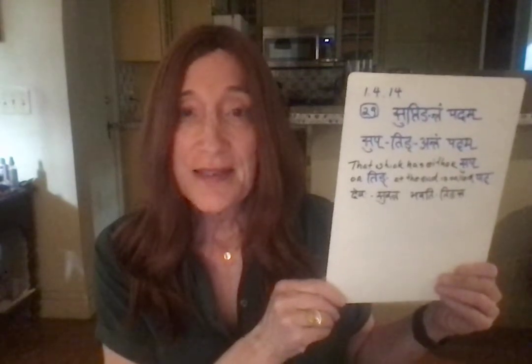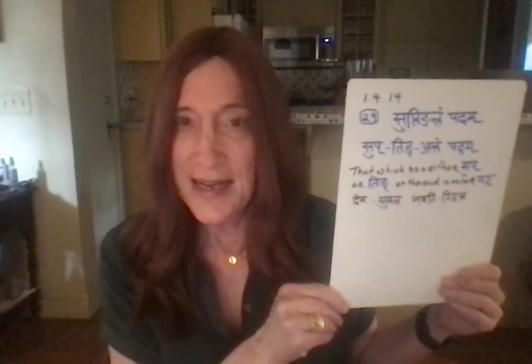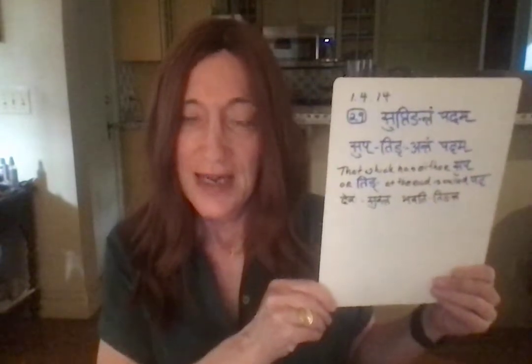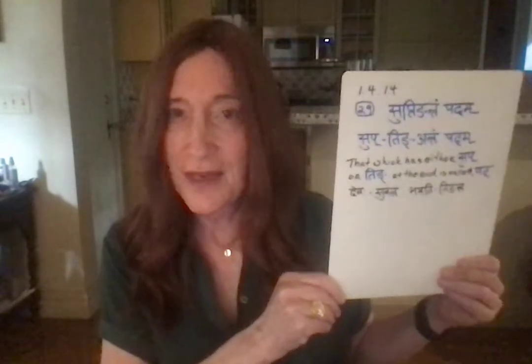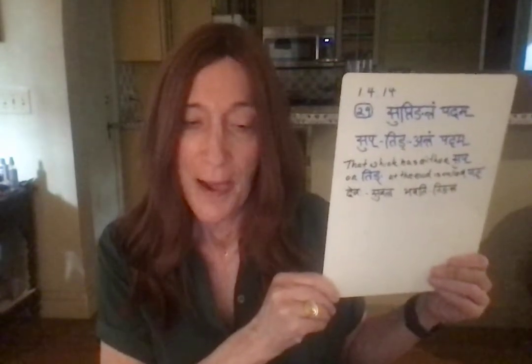So this is pretty straightforward. Sup is a pratyahara for the endings of nouns, the nominal terminations, and ting is a pratyahara for the terminations of verbs. So anything that ends with a nominal or verbal termination gets the name pada.